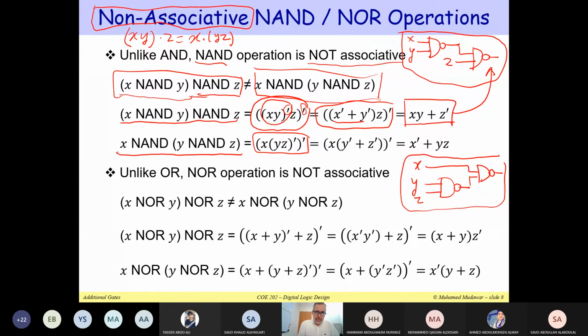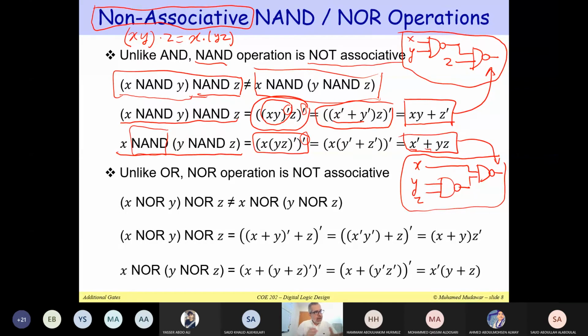Y NAND Z is not(Y and Z), and for this final NAND I'm taking the complement of X and the complement of not(YZ), so X' comes out as X'. The AND becomes OR, and the complement of not(YZ) gives me YZ. So the final result is X' or YZ. This will be the output of the second circuit.